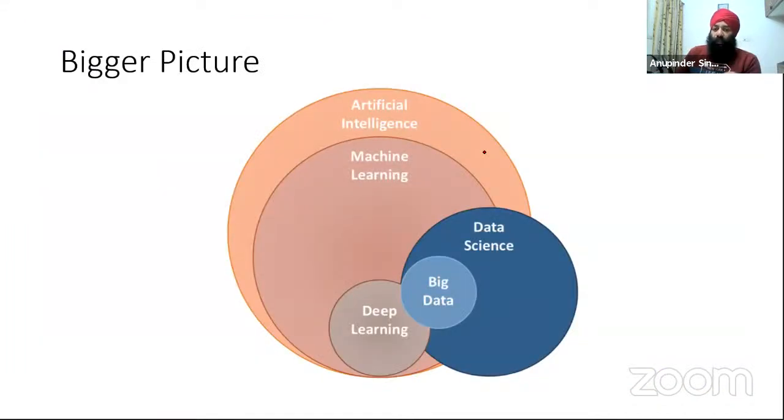Now, even though we are talking about machine learning, we also need to understand the big picture around this concept. Machine learning itself is not a broad concept. It is actually a subset of artificial intelligence, right? If you talk about artificial intelligence, it gives you a very broad spectrum of use cases. So NLP is artificial intelligence, robotics is artificial intelligence, self-driving cars, embedded systems, which are self decision making things, they all are artificial intelligence.